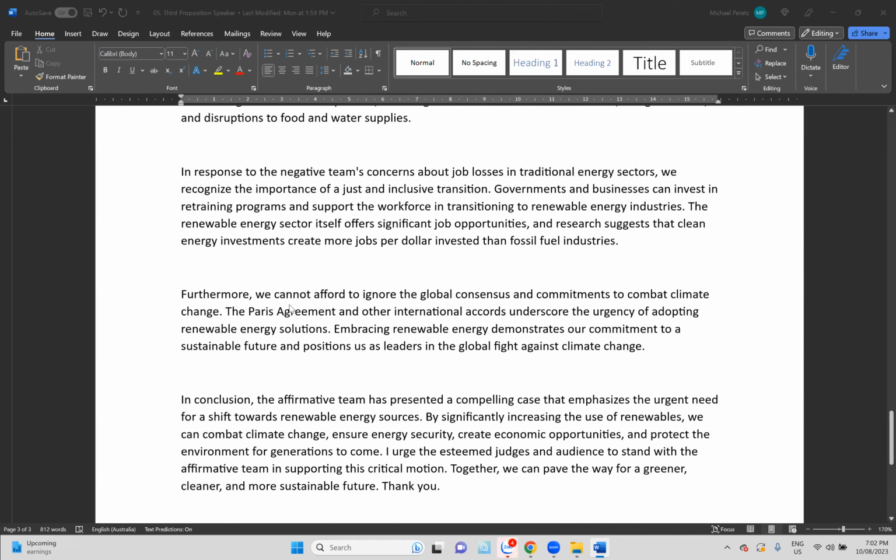Furthermore, we cannot afford to ignore the global consensus and commitment. So now we're talking about, this isn't just an our team issue, the other countries around the world are all thinking this. The Paris Agreement and other international accords, they underscore the urgency of adopting renewable energy solutions. Embracing renewable energy demonstrates our commitment to a sustainable future and positions us as leaders in the global fight.